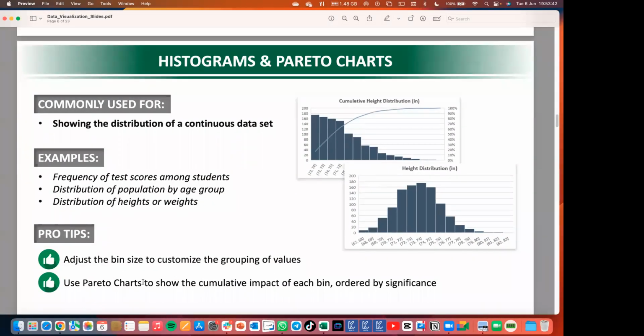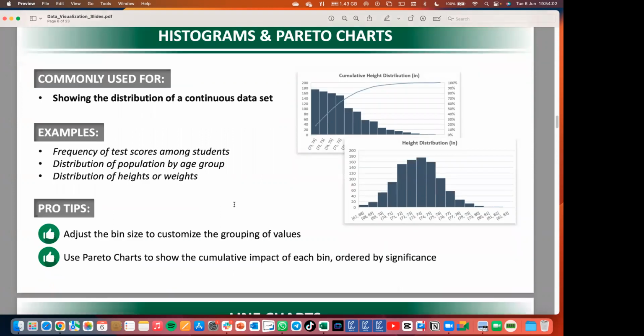So here they are telling us to use the Pareto charts to show the cumulative impact of the bin. So here the bin, the way it is impacting the whole distribution. And it is always in an ordered manner, from highest to lowest. I don't know whether there is any question, but please, in case you feel like we are leaving you or the speed is high, you can always ask.